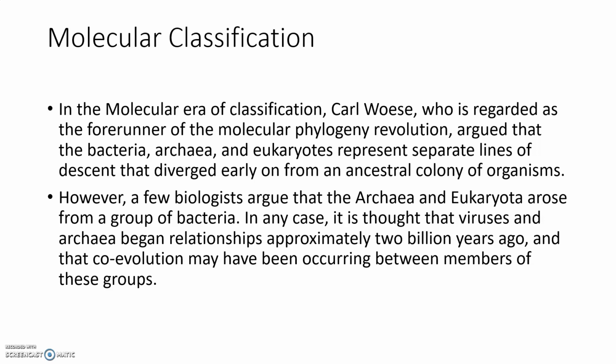Now next is the molecular classification. In the molecular era of classification, Carl Woese, who was regarded as the forerunner of this molecular phylogeny revolution, argued that the bacteria, archaea and eukaryotes represent separate lines of descent that diverged early on from an ancestral colony.